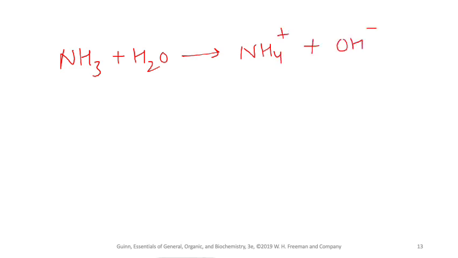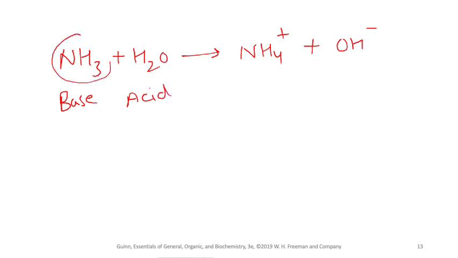So let's take the same example of ammonia, NH3, reacting with water, giving you ammonium ion plus hydroxide ion. In this reaction, we already know this is your base, and this is your acid, water. Now on the product side, what did we get?